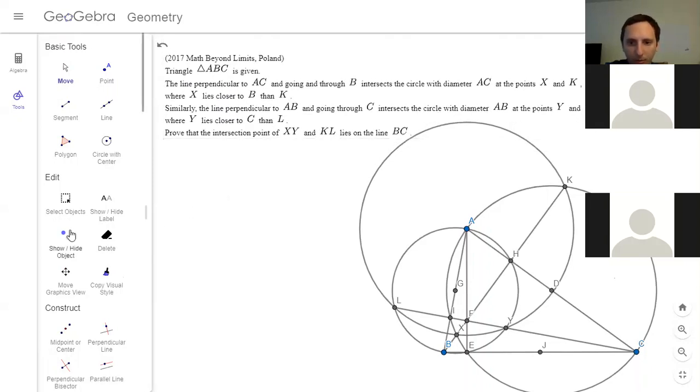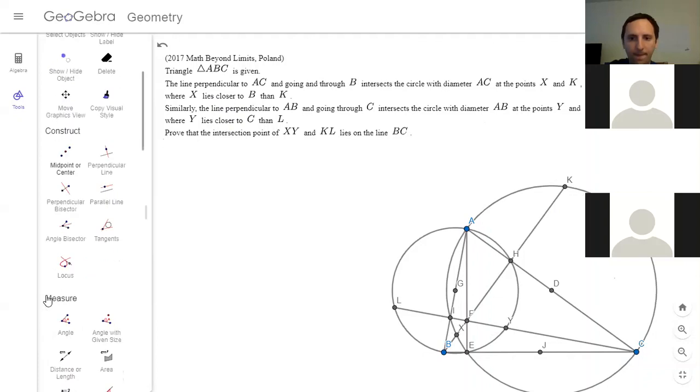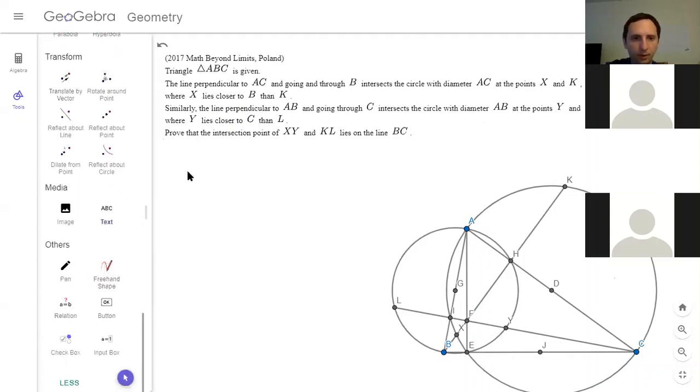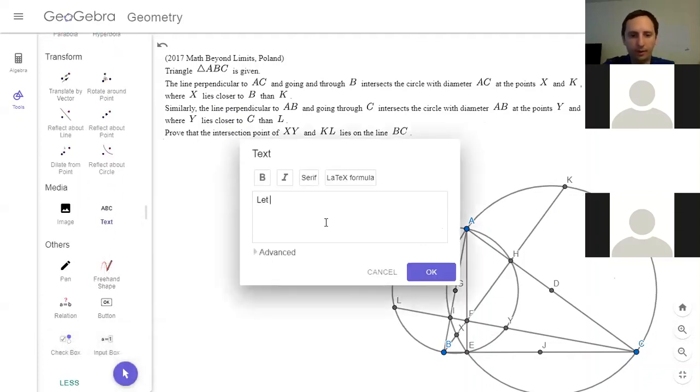Okay. So first I'm going to show LXYK is cyclic. Let F be the orthocenter of triangle ABC.